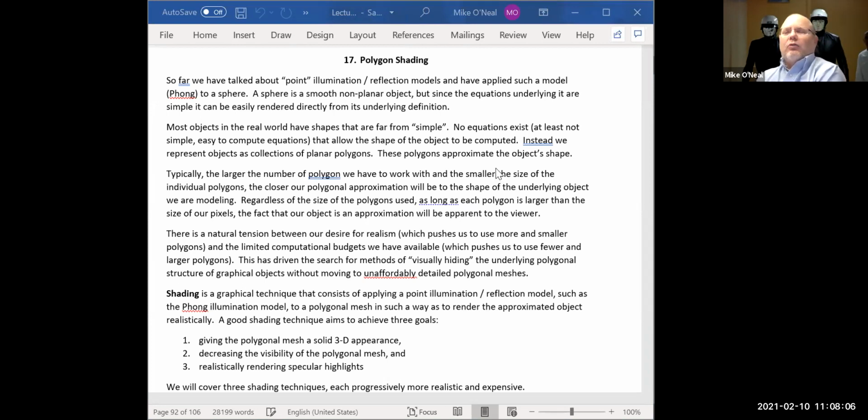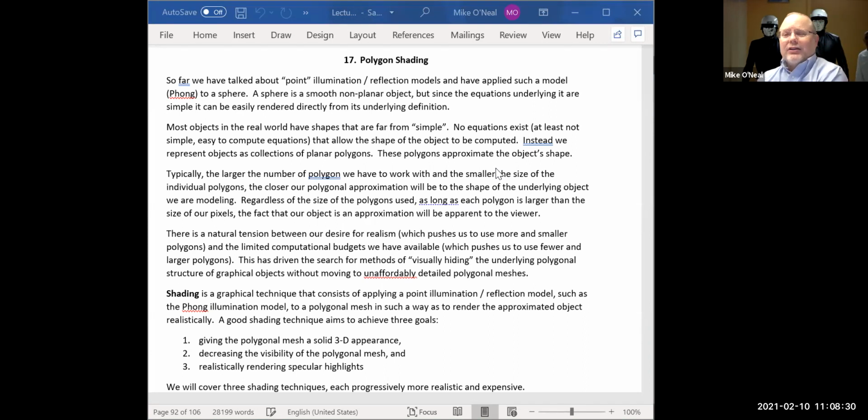Okay. Now, what is polygon shading? The idea behind polygon shading is that we are going to take the Phong illumination reflection model that we developed in the last chapter, and we are going to apply that model to a polygonal mesh.